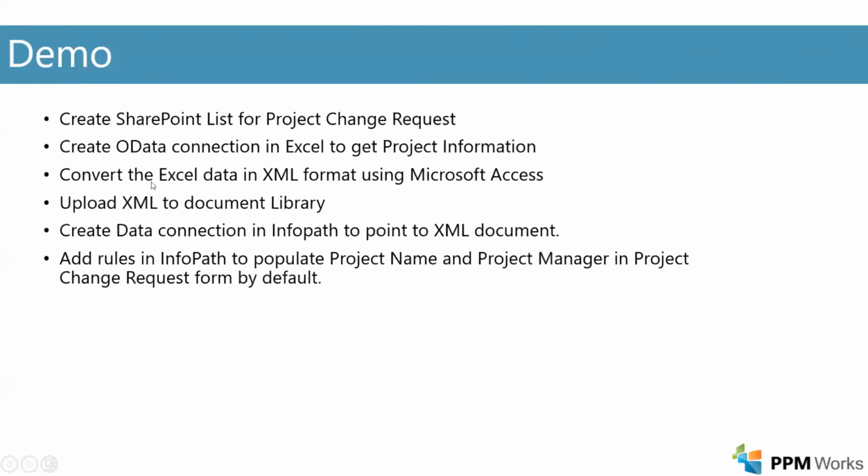Once you have the XML document, we need to upload it to the PWA site collection, and then point to that PWA document library in Infopath. So in Infopath, we need to create a data connection and point to the XML document which we have uploaded to the PWA site collection.